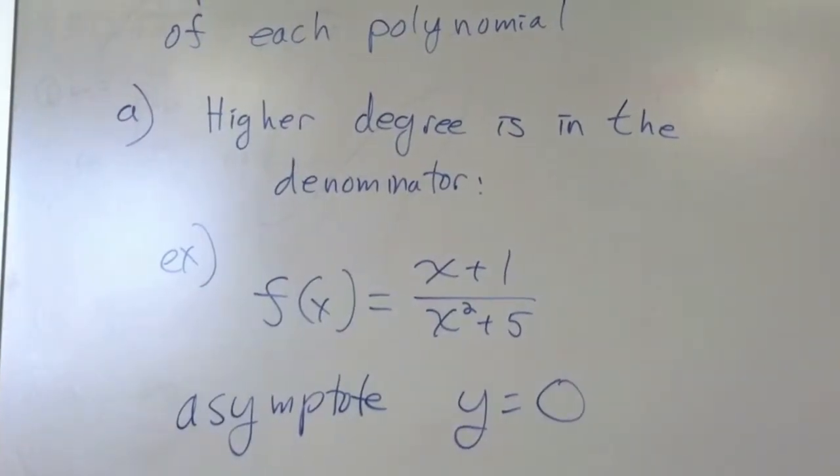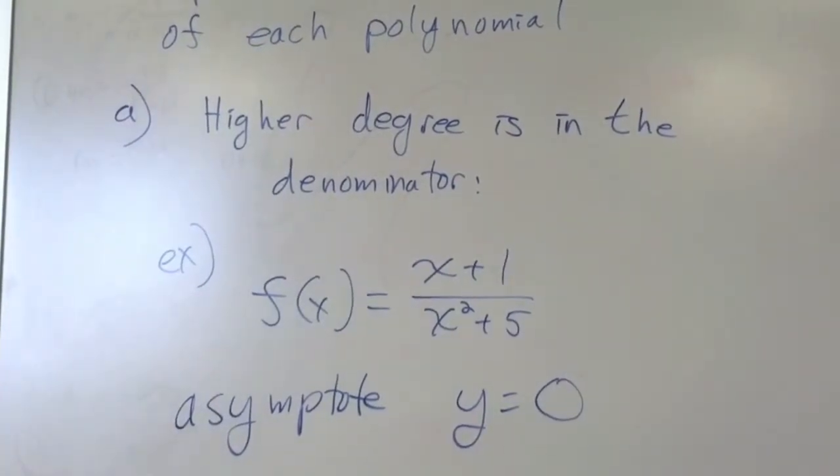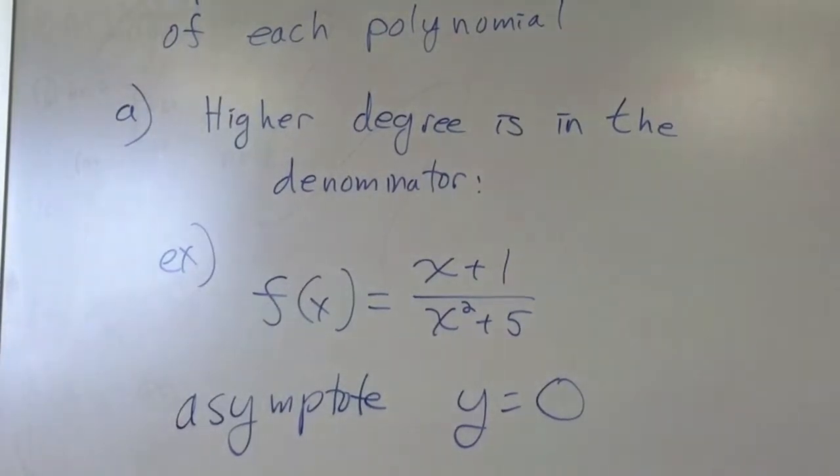Any questions on that whole idea, what degree means? I'm going to give you a lot of information today, but I'm going to try to present it in a straightforward manner. Yes? Sorry, how do you know the asymptote is 0? I was going to go into that in a minute, but I can go into it on this one. That's a good point.